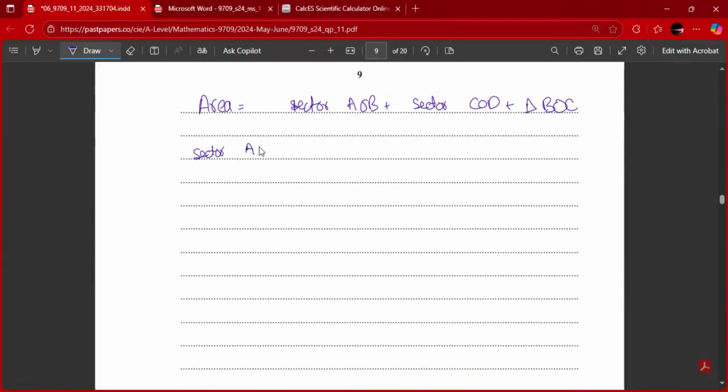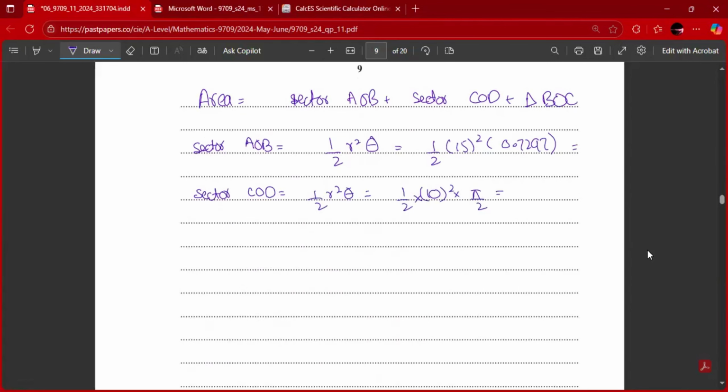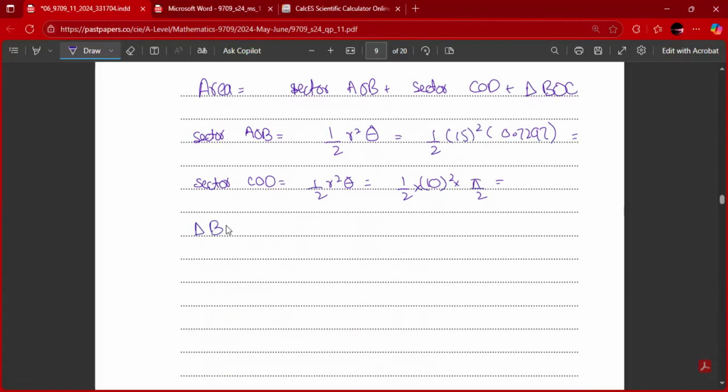Sector AOD. The area of a sector has a formula, which is 1 over 2 r squared theta, where theta is in radians. I'm repeating that theta should be in radians again and again. So 1 over 2 times 15 squared times 0.7297. I'll do the calculations later. Sector COD: 1 over 2 times 10 squared times pi over 2. Now the last, the triangle area.